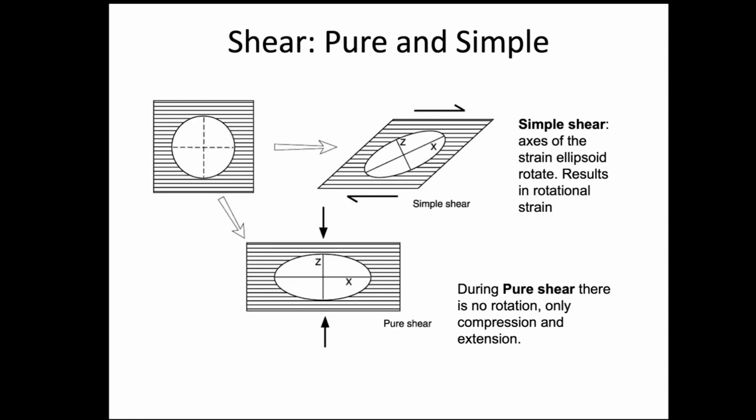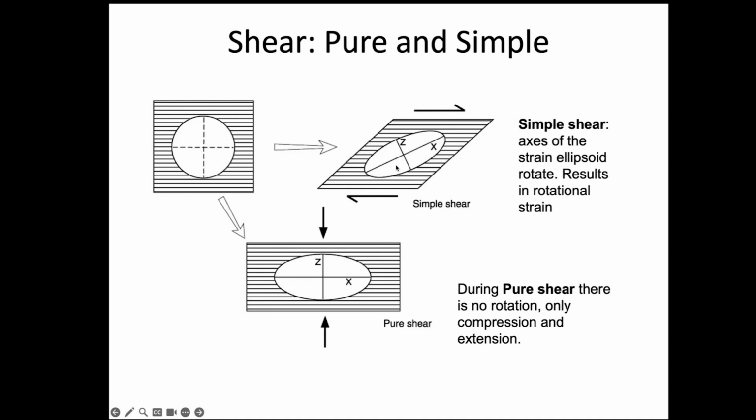Now we need to make a short diversion here to talk about shear. So shear is a kind of strain. Here we're looking at a sort of idealized shape that's being subjected to deformation. It's straining, and we've got two different kinds of strain being captured here.